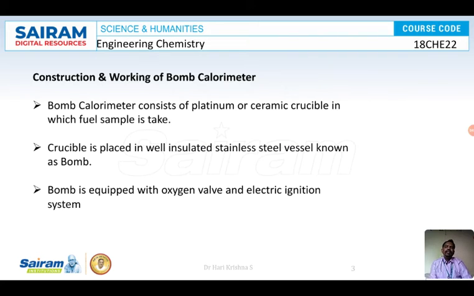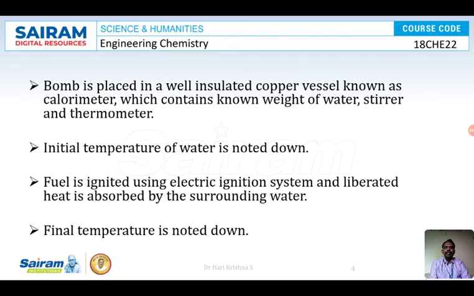How to determine the calorific value? We will see. Whatever construction and working I have told you is given here step by step. This is the construction part and this is the working part. Once the final temperature is noted down, let us see how to determine the calorific value.